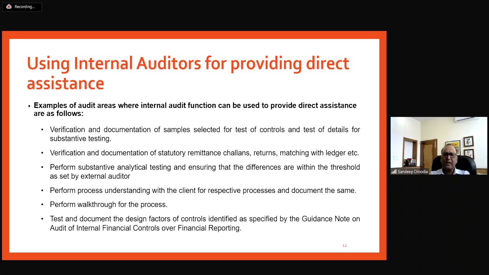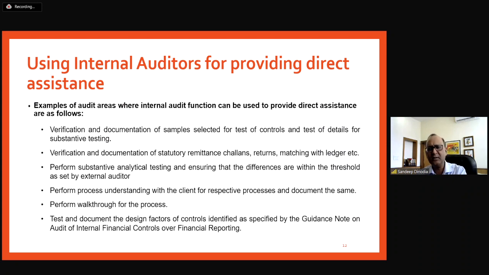Perform substantive analytical testing and ensure that the differences are within the threshold set by the external auditor. Perform process understanding with the client for the respective processes and documentation. Document the same. Perform walkthrough for process.